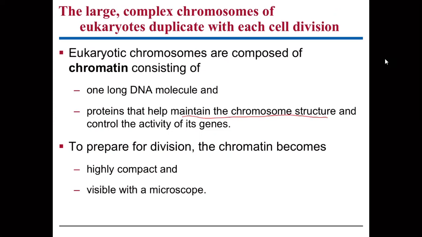So this chromatin will further condense into, that's right, chromosome, and it's the chromosome that will participate in the karyokinesis, or separation and segregation of the genetic material into the new daughter cells. So chromosome would be the highly compact genetic material, and is visible with a microscope.